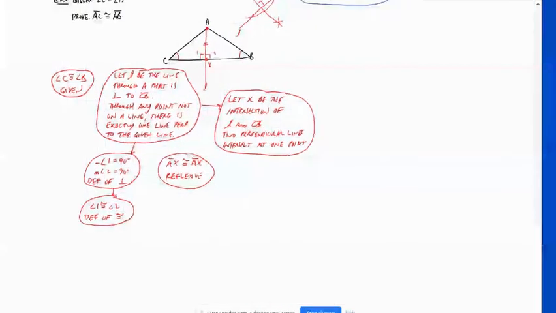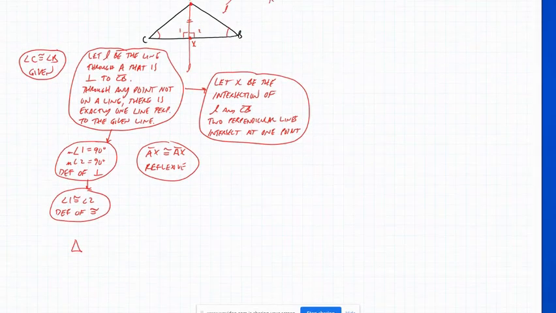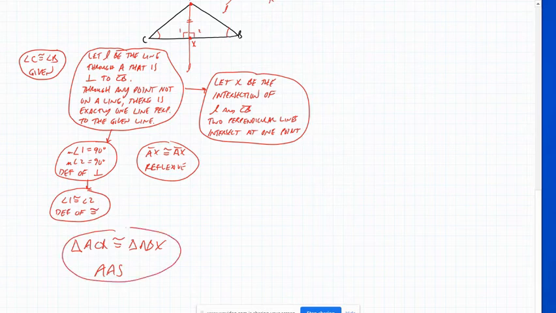Now, putting those three facts together, we can say the triangles are congruent. So triangle ACX is congruent to triangle ABX by AAS. That came from these three parts: that pair of angles, that pair of angles, and that pair of sides.